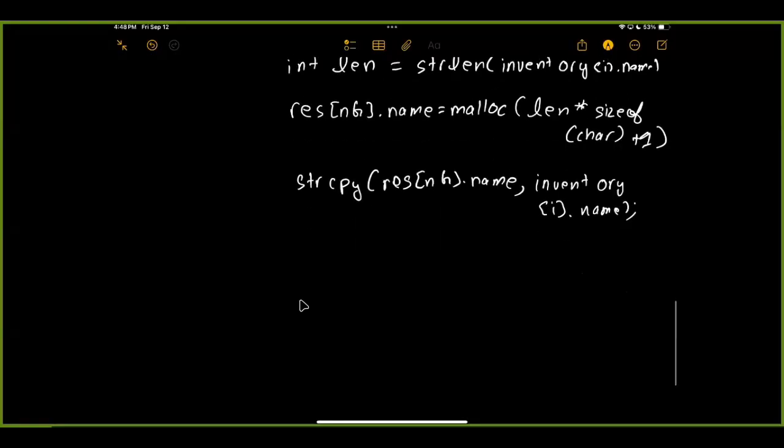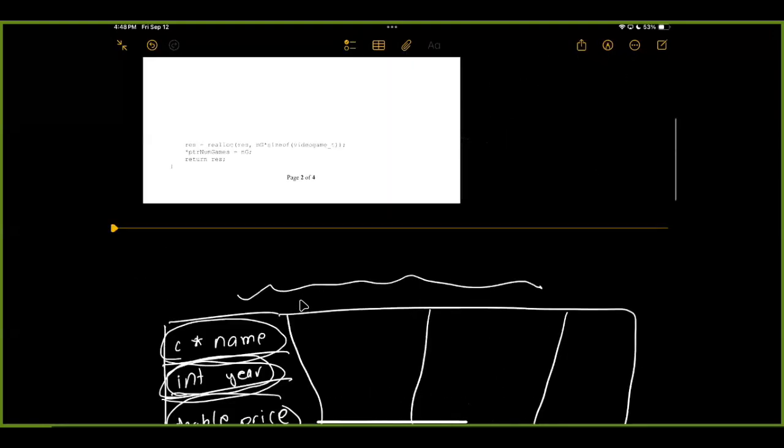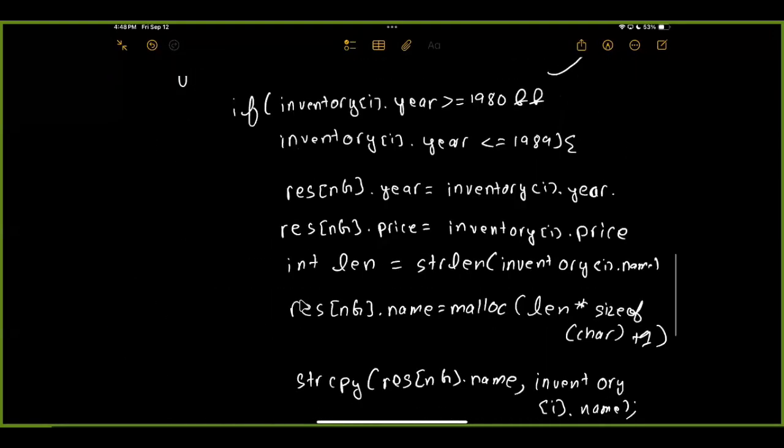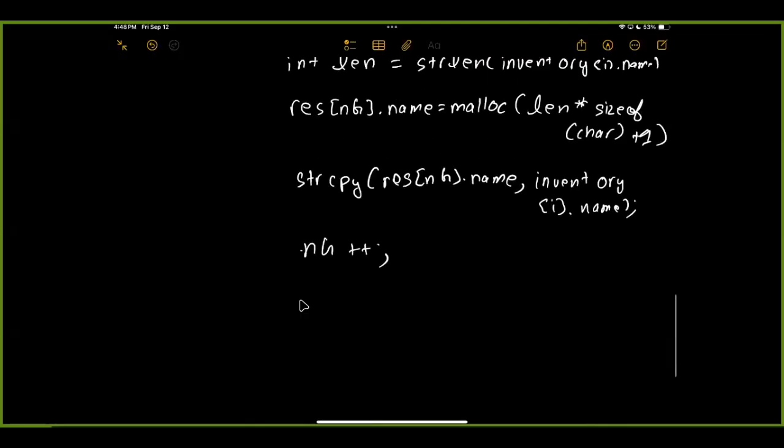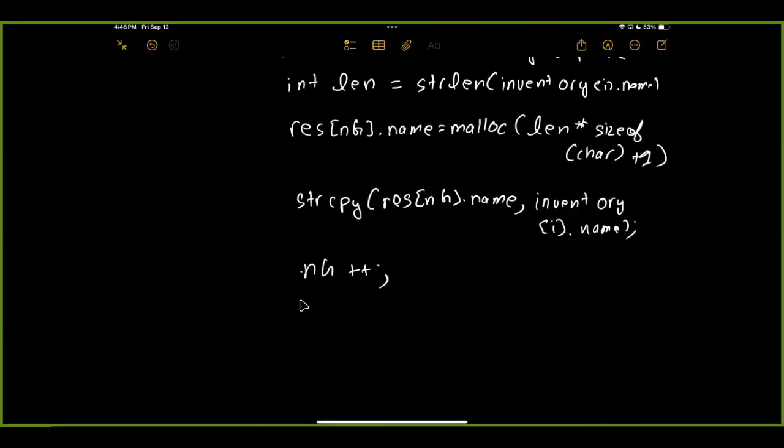And then ng plus plus. At the last position they have reallocated the space for us. The reason is that realloc can not only increase the space of the array, but it can also shrink it, right?